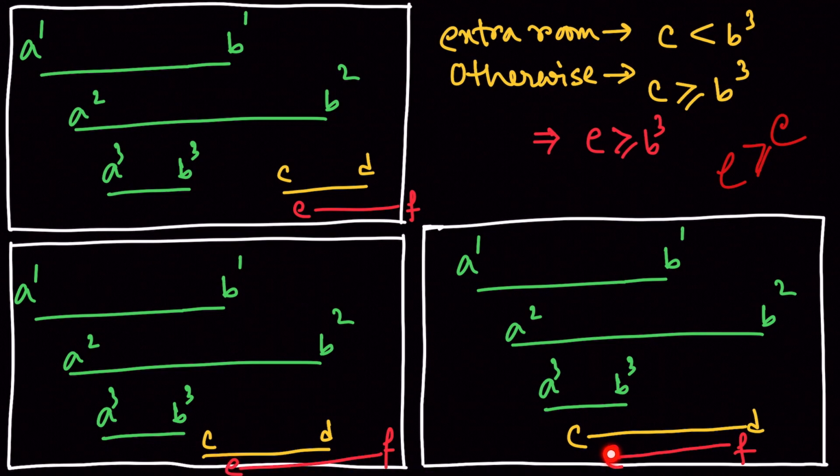But can you comment anything about the EF? C is less than B3, that we can say, but we cannot comment whether E is less than B3 or greater than B3. We don't know yet. But consider these two scenarios. Here C is greater than B3, so we don't need any extra room here. Here also C is greater than B3.